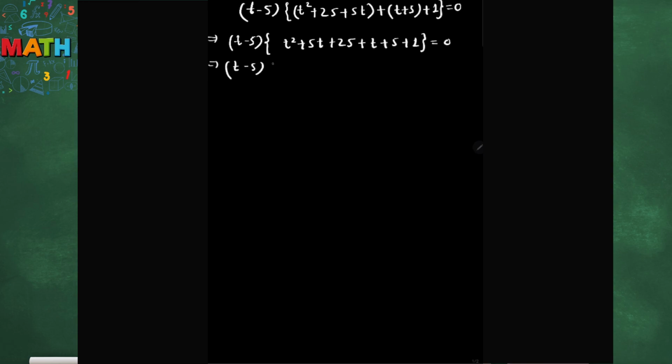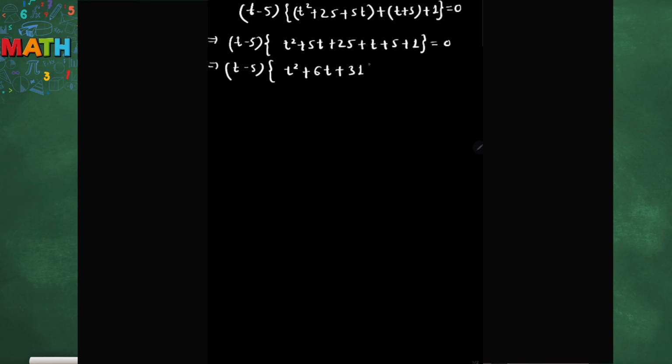So t minus 5, you can see 5t plus 1t is 6t, so t square plus 6t, and then 25 plus 5 plus 1 is 31. So from this we can say t minus 5 is equal to 0, or t square plus 6t plus 31 is equal to 0.